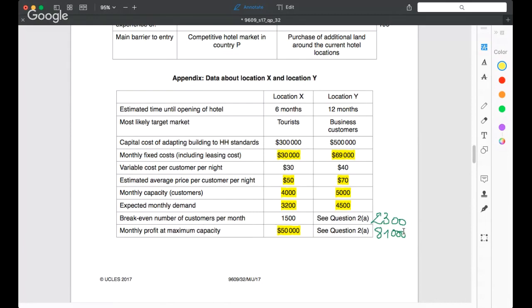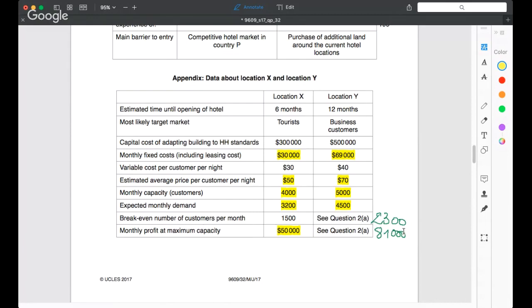Oh, wait, monthly fixed cost. Sorry, you are right. So in here it is 30,000 by 6, and the other one is 69 by 12. Sorry, I hadn't seen monthly.